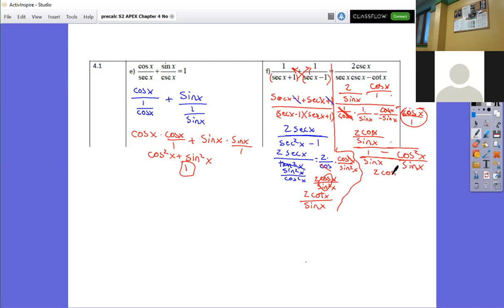And so we have 2 cosine of x over sine of x over sine squared x over sine of x. What's cosine over sine? Cotangent. So we have 2 cotangent x over, we can cancel that. And what are we left with? Sine of x. Okay, and that's what we wound up with on the other side. So they really do equal each other.